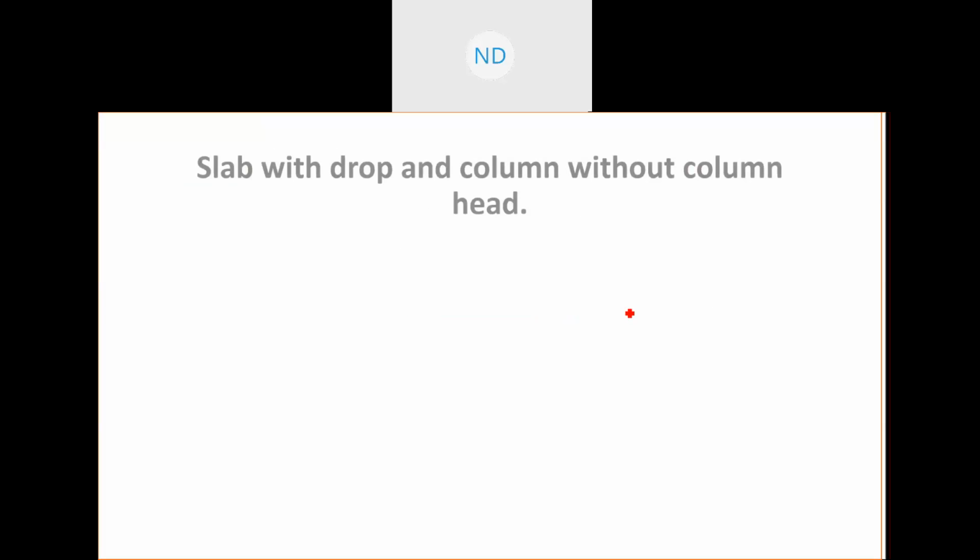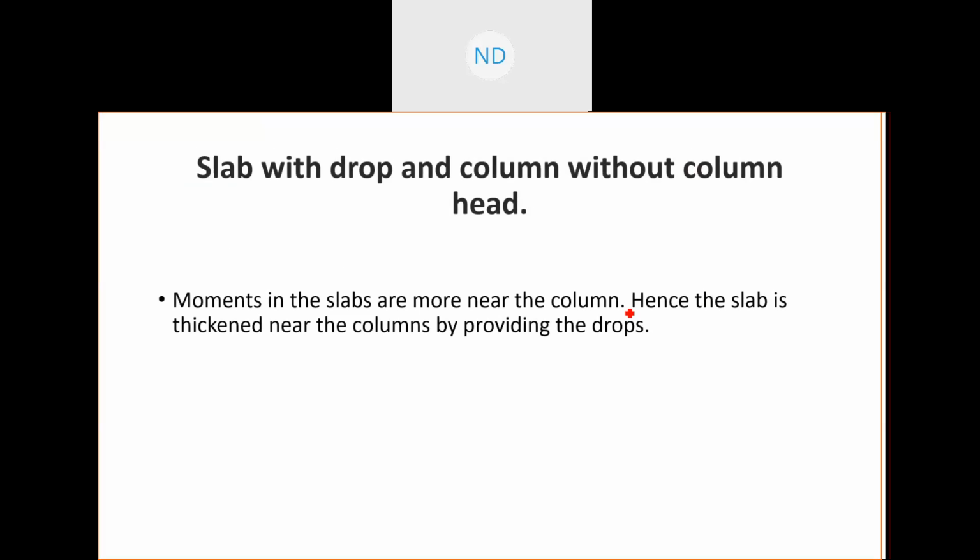Now if we go to the next type, it was the slab with drop and column without column head. That means only with drop. Your flat slab with drop. Here the moments in the slabs are more near to the column. Hence the slab is thickened near the columns by providing the drops.